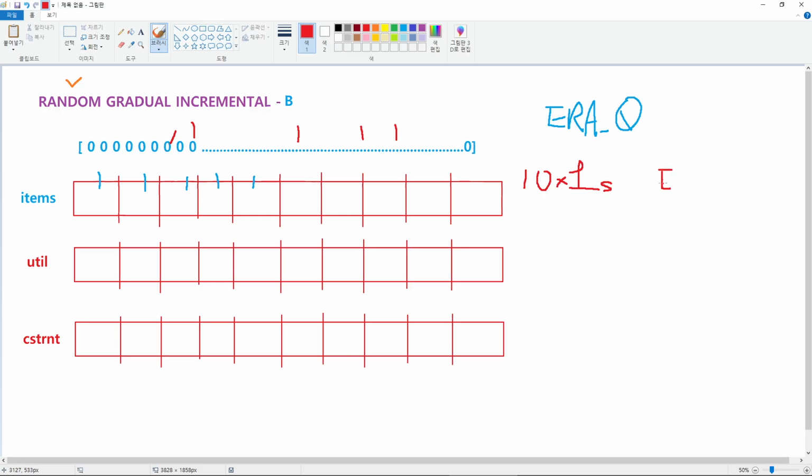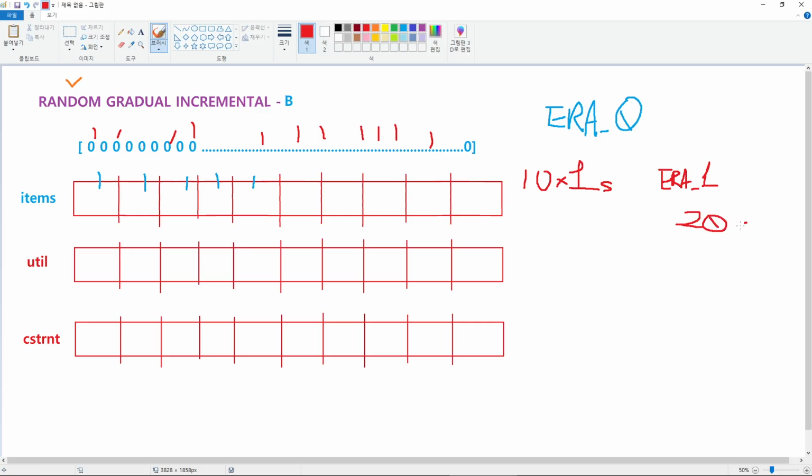In the second era, that is era 1, we come back to the 100 zeros, representing 100 items not yet selected to be activated, and then we choose 20 zeros to be activated and flip to ones.